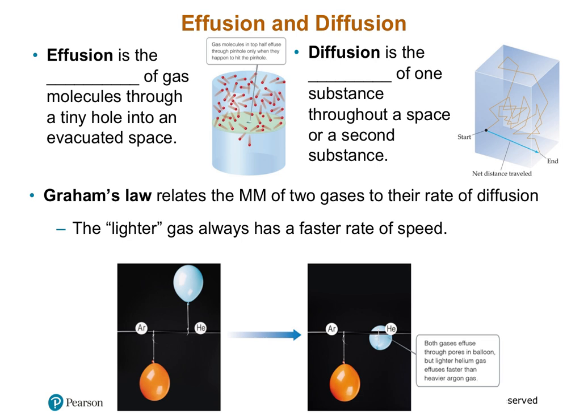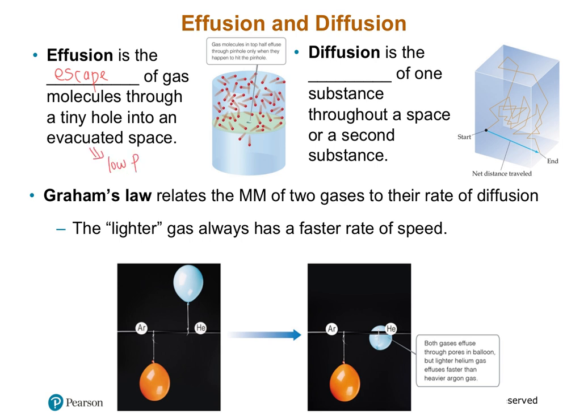And then the last thing with this section is dealing with effusion and diffusion. So effusion is when molecules of a gas escape through tiny holes into evacuated space. And evacuated space could really just be a low pressure space.